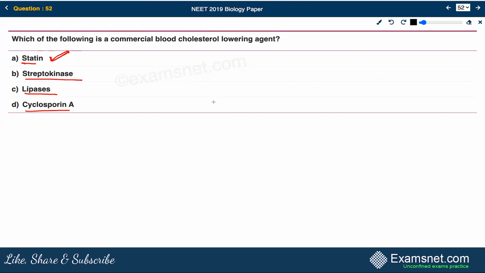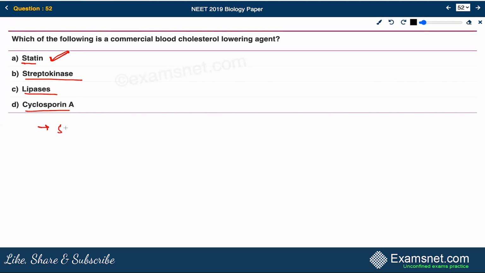So this is one of the bioactive molecules. Statins are a category of bioactive molecule which is produced by a fungus of the yeast category, called Monascus purpureus. That's why it is used as a blood cholesterol lowering agent.